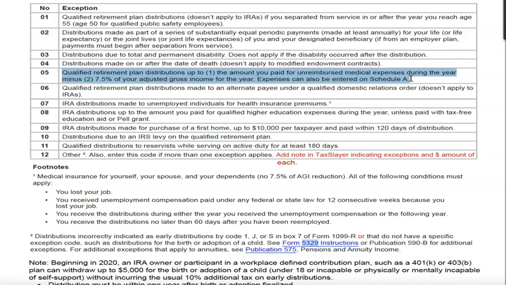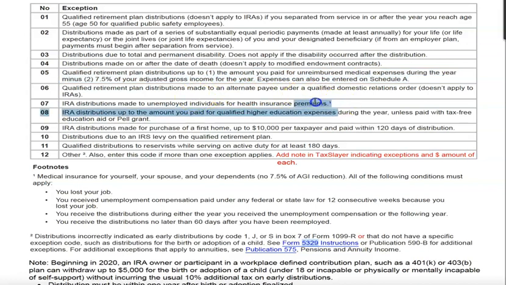So somebody who had $20,000 of AGI would not be able to count the first $1,500 of unreimbursed medical expenses. Nevertheless, if they have some very high medical expenses, this could be usable. It doesn't really matter when during the tax year it was incurred. It could have been incurred before the distributions were made, just sometime during the tax year.